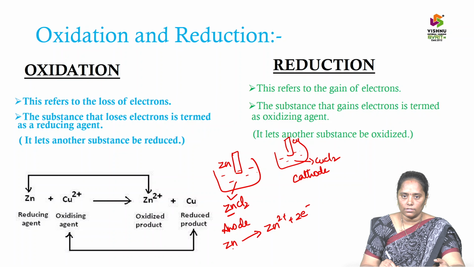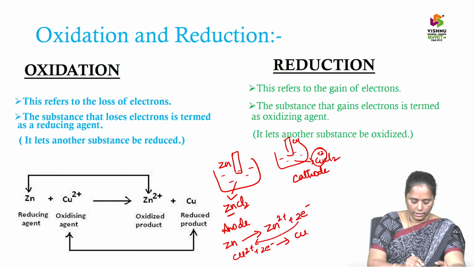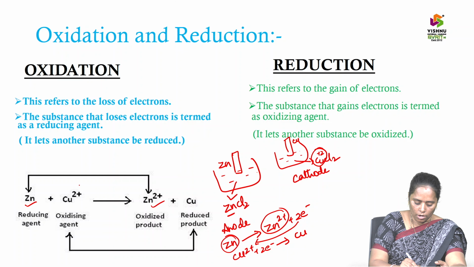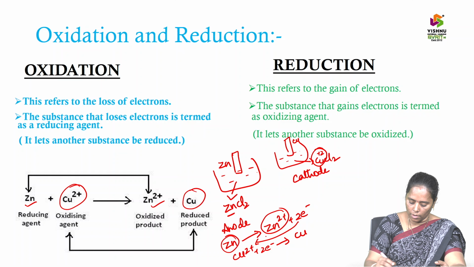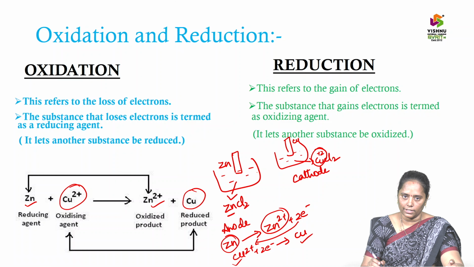There is loss of electrons at zinc. The copper ions present in the electrolyte take up these two electrons and become copper. You can see zinc is becoming zinc plus 2, copper ions are becoming copper. So, these would be the reactions taking place in the galvanic cell when you take zinc and copper as two different electrodes.